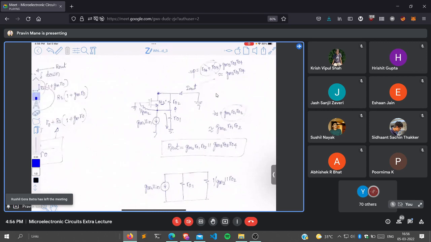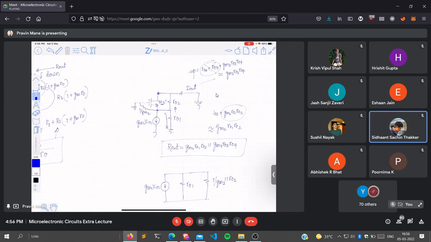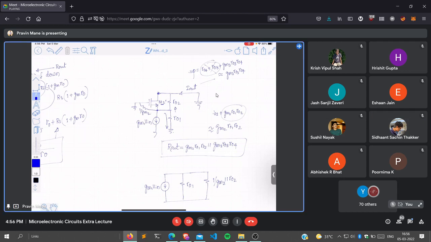Can you tell me from this circuit which is the current Iout? Is it flowing through RO1 or through 1 by Gm2 parallel RO2? 1 by Gm2 parallel RO2, because the current flowing through 1 by Gm2 is actually this current, right?